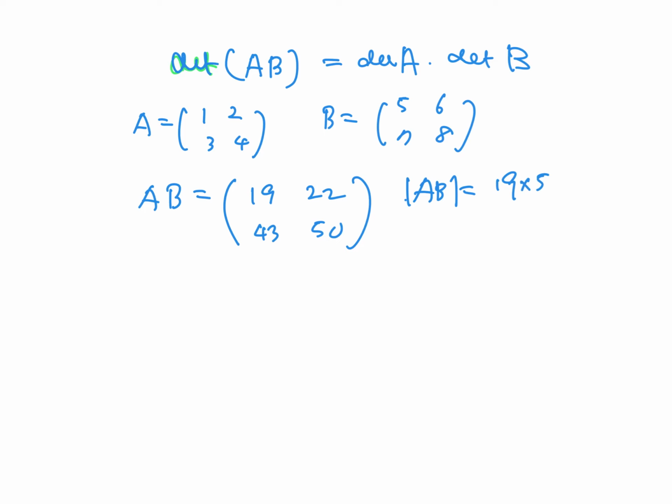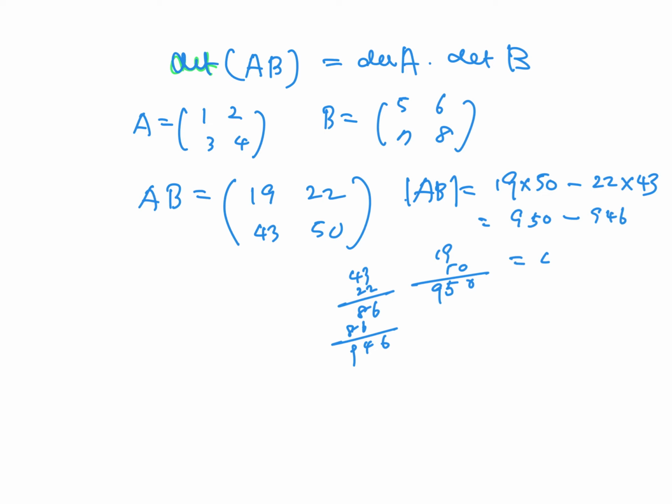So determinant AB is 19 times 50 minus 22 times 43. So a bit of algebra, 19, 50, right? Eighty-six, 49, 46.